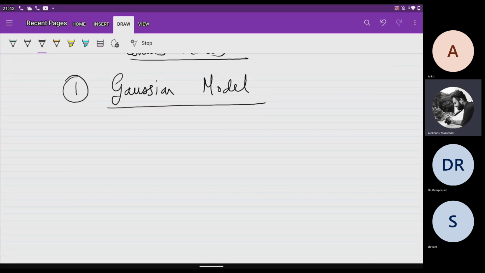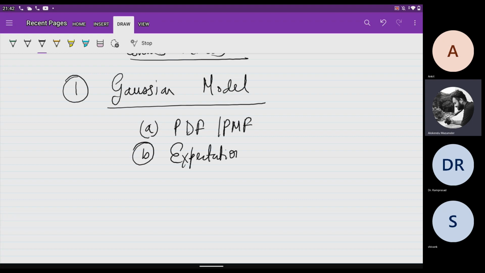For every model, we will define a few things. We will define a probability density function or probability mass function, its expectation, and its variance.